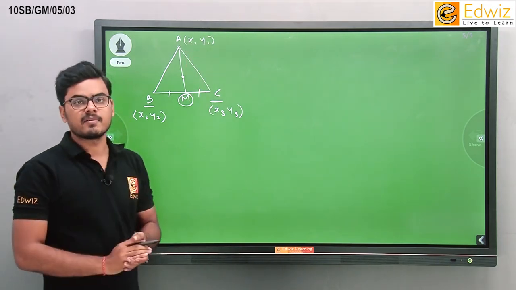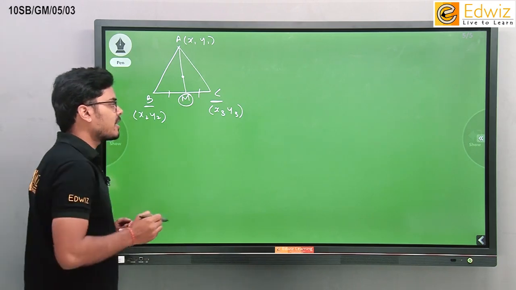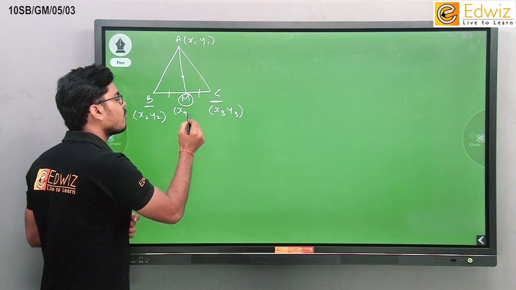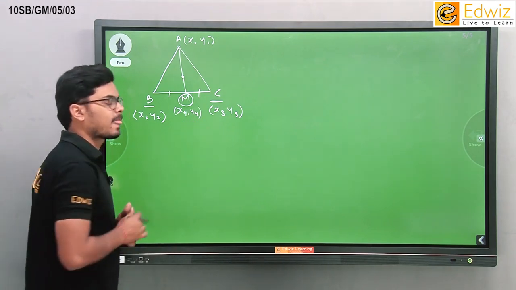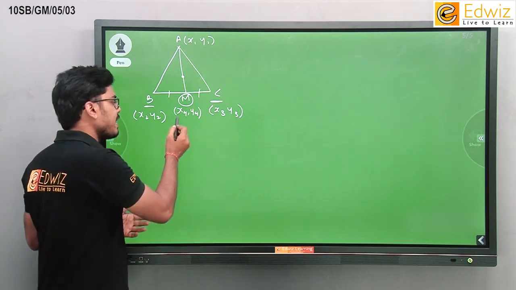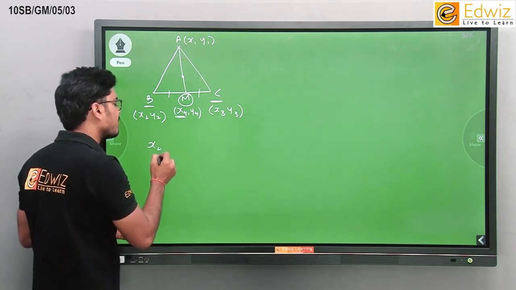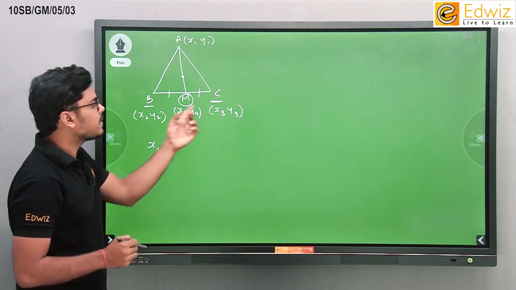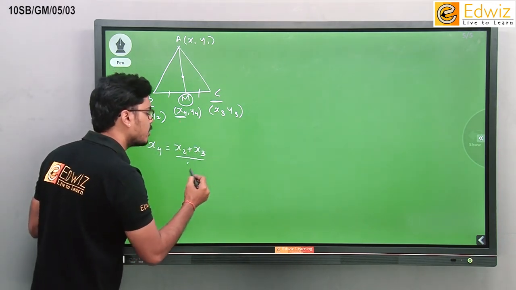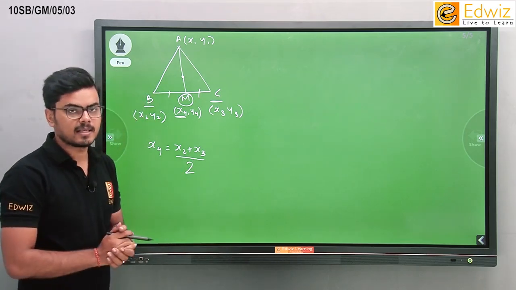What will be the coordinates of point M? Suppose point M is x4, y4. So what will x4 be? x4 will be equal to x2 plus x3 divided by 2. We have studied the midpoint formula.